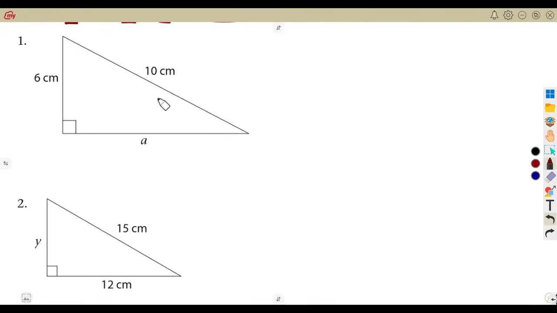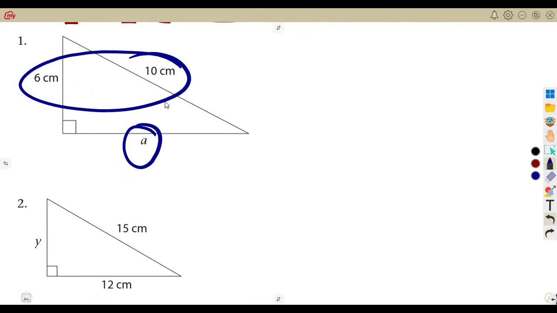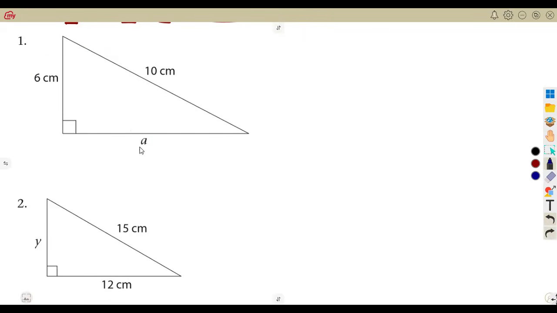Number one, this is a right-angled triangle, as we can see here. So we understand our Pythagoras theorem. It is used on a right-angled triangle to calculate the third side, as you'll be given two sides and you want to calculate the third one. So our formula, guys, if we are given the hypotenuse, I'm just going to write in short: the square of the hypotenuse side is equal to what?